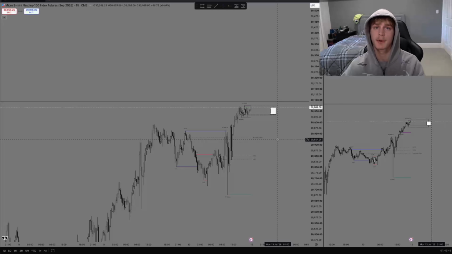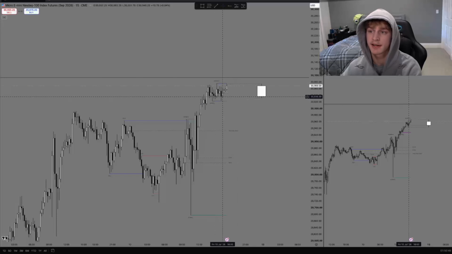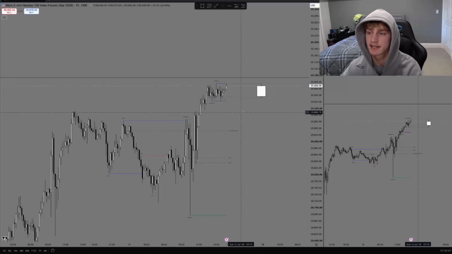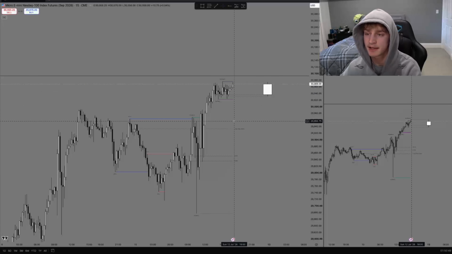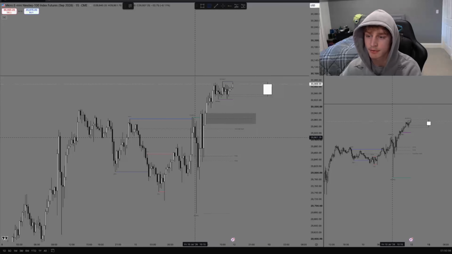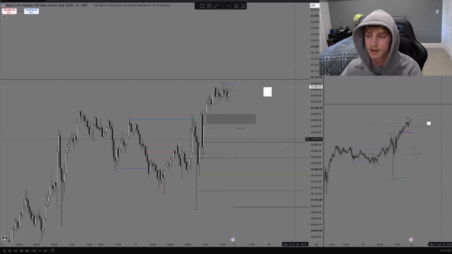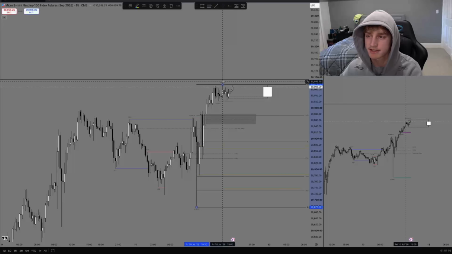Now that I've identified we're clearly on the buy side of the curve, how would I get on side with this? As we're accumulating while leaving relative equal highs, I would like to see us manipulate down into either this 15-minute unfilled with no bottom wick or into this clean rejection block right here. The reason I'd be looking at this rejection block is because of premium and discount of this swing.